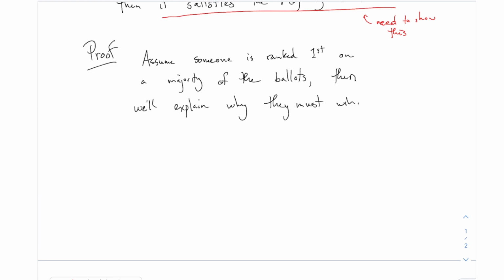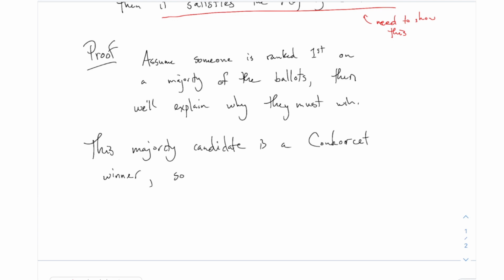So this majority candidate is a Condorcet winner, because they're on top by a majority. That means automatically they would win against anybody else if you pitted them individually. This majority candidate is a Condorcet winner.